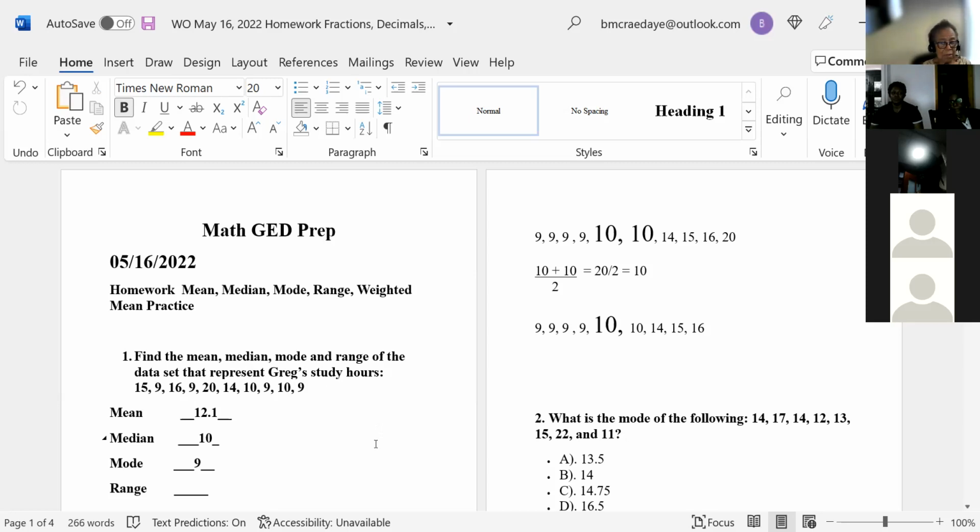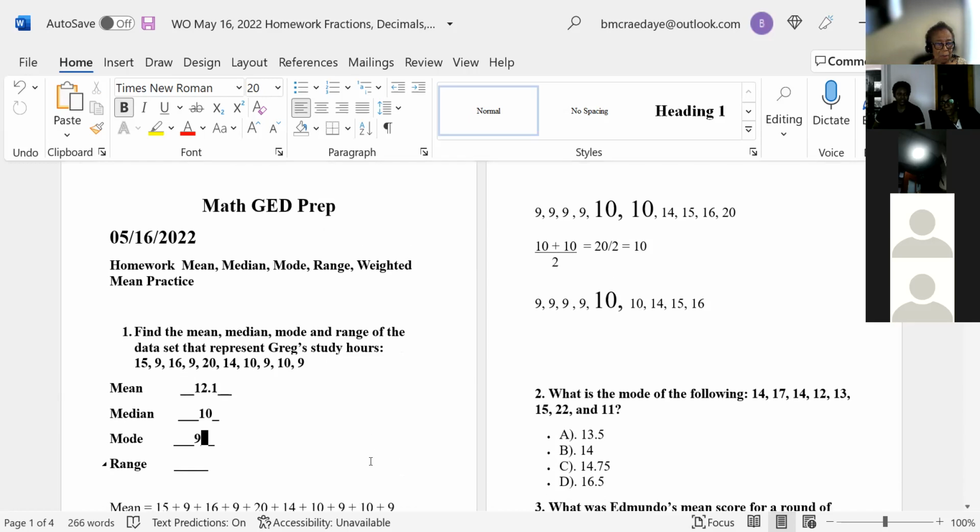Miss Barbara, may I please ask you a question? If I'm correct, mode means a number that appears more than one time, the same number that appears more than one time, like 9. Well, it's the number that appears more than any of the other numbers.